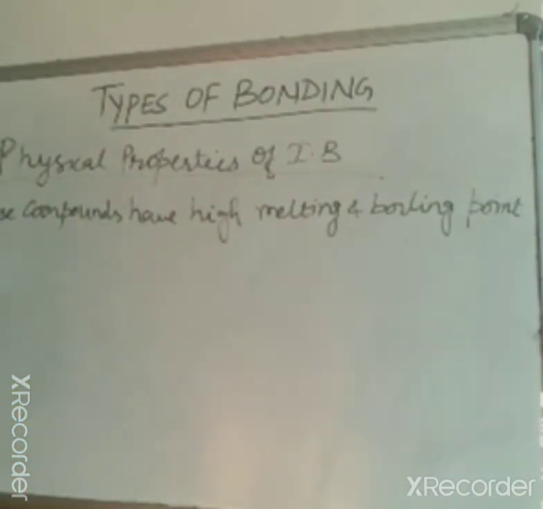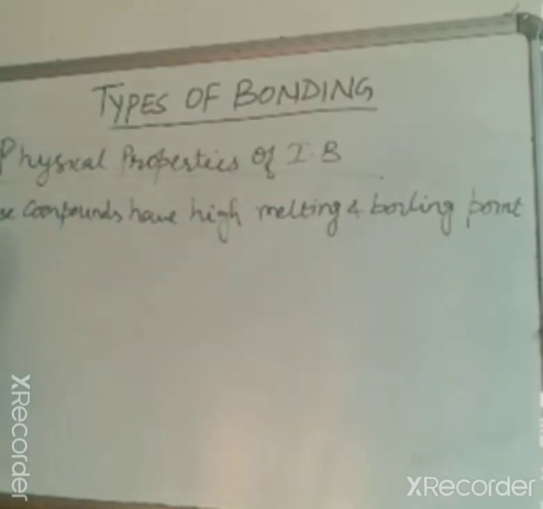As these compounds are formed in the form of crystals, these are solids. Solids are packed together, and to separate the ions they need a lot of energy. That is why they have high melting and boiling points.